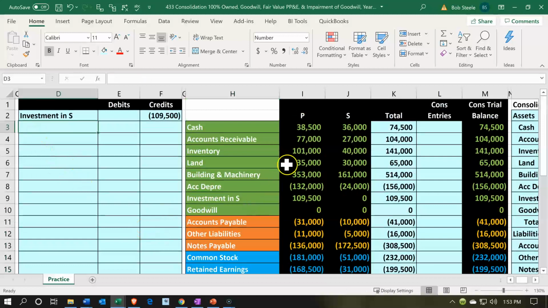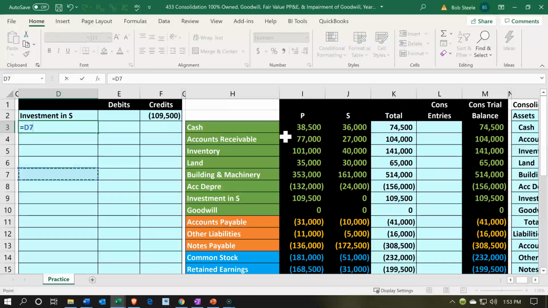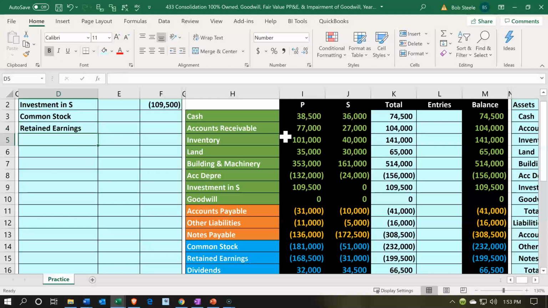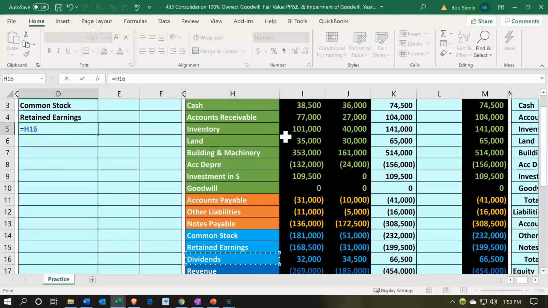So that should all be in consideration with this long journal entry. So I know that the common stock for S needs to go away, and the retained earnings for S needs to go away, and the dividends for S need to go away. So those things I know.